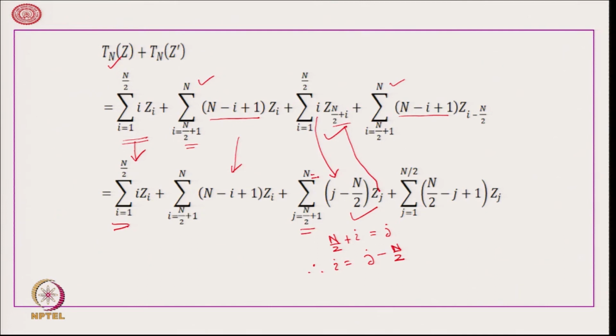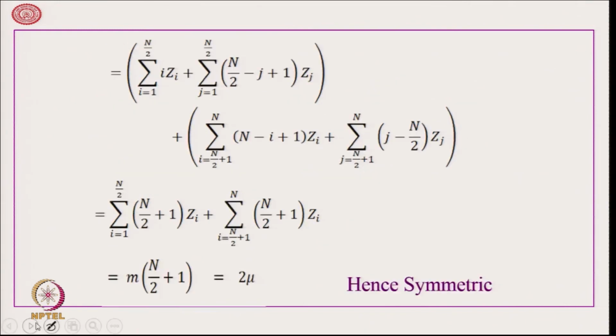In a similar way, we are again making a change of variable, and what we are getting is that j equal to 1 to n by 2, it is n by 2 minus j plus 1 multiplied by z_j, which is equal to sigma i equal to 1 to n by 2 of i z_i plus j equal to 1 to n by 2 of n by 2 minus j plus 1 times z_j.